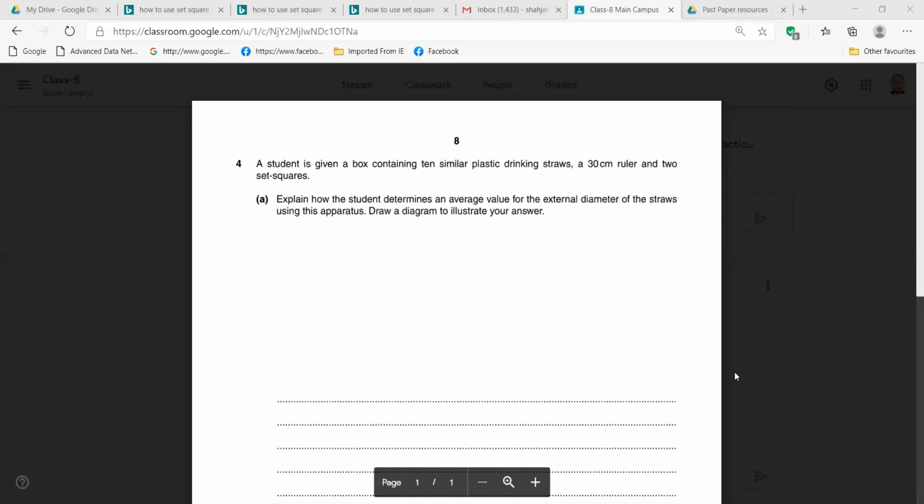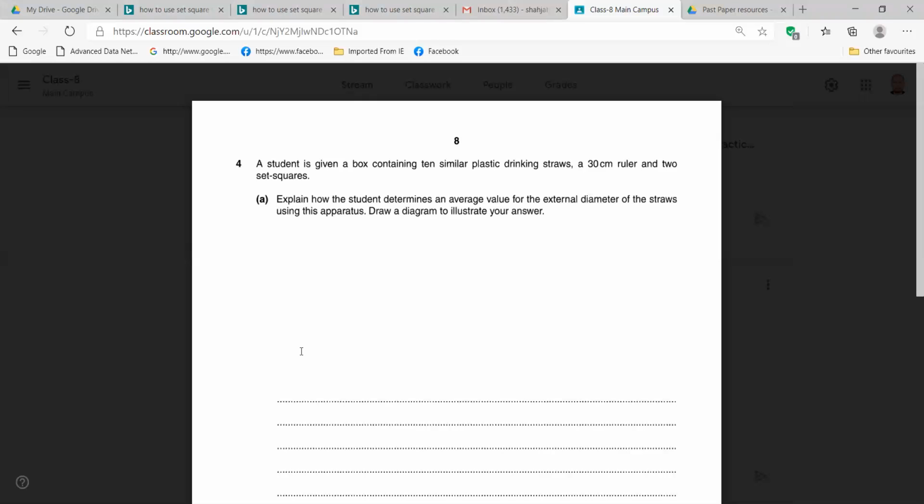Okay, so they are talking about how many? 10 straws. If you want to measure a single one, the measurement you get from the ruler will not give you that accurate a result, right?